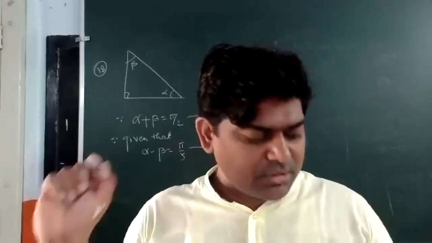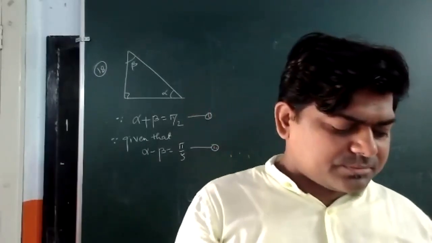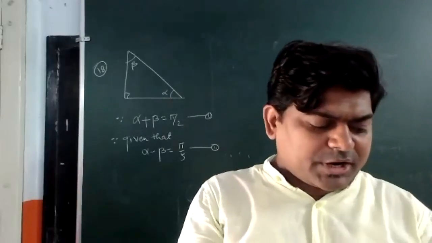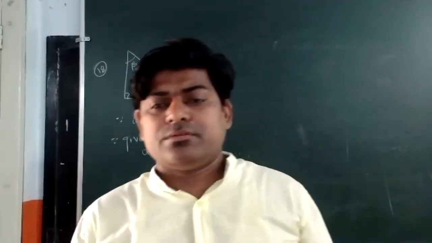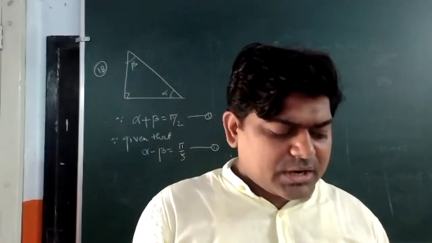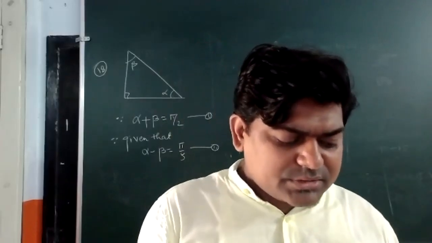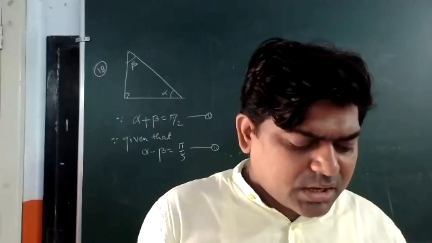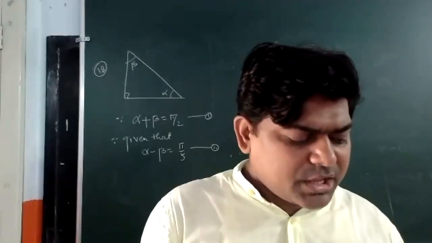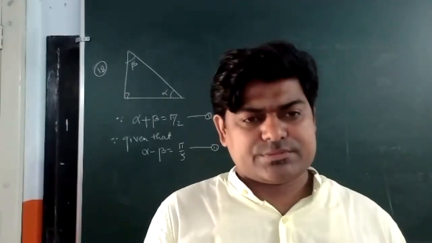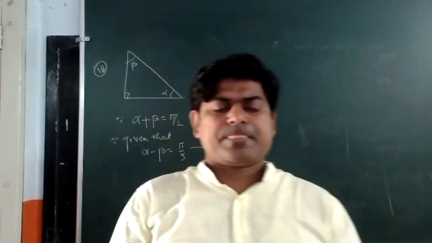Now question number 19: the angles of a triangle are in AP, the greatest angle is double the least angle. Find the angles in circular measure. Tell me one thing.